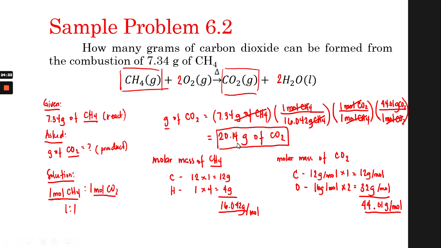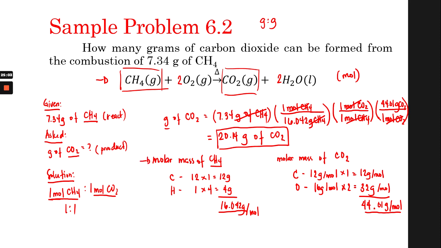So that is how you calculate the amount of product from a given amount of reactant. And this relationship is in grams per grams. As you can see, since the chemical equation deals with moles, you have to use the molar mass of the compound.